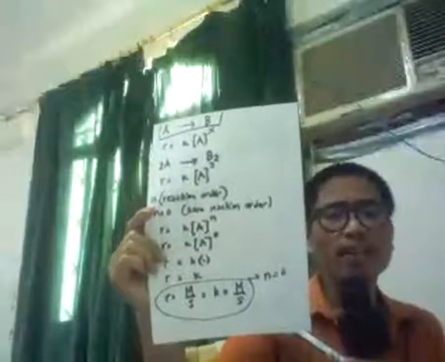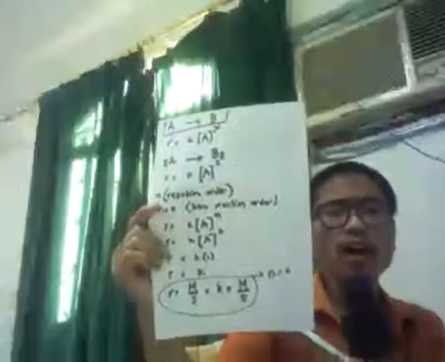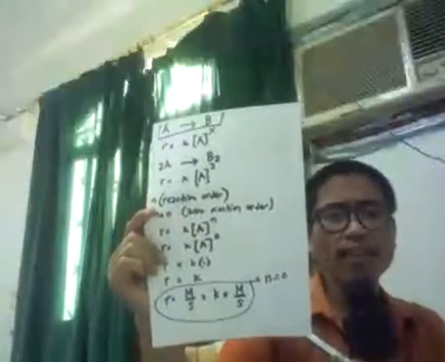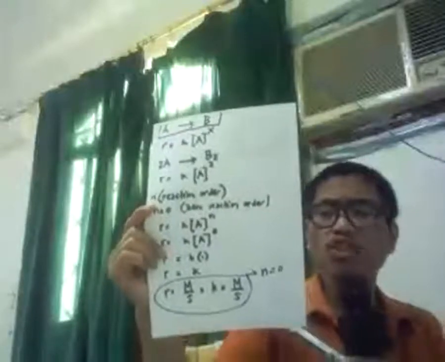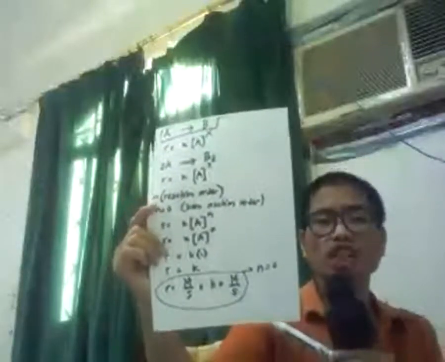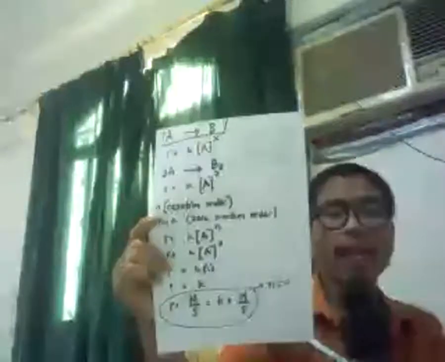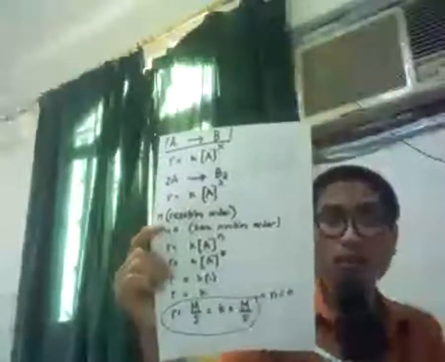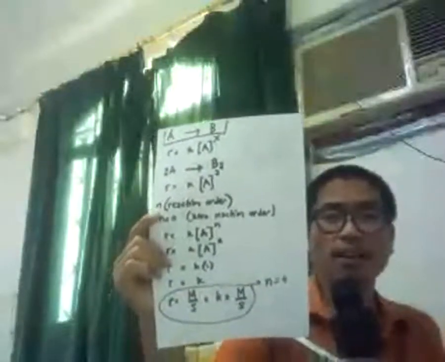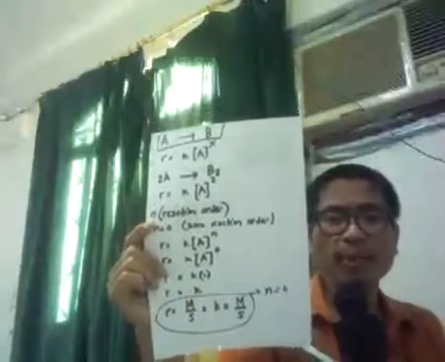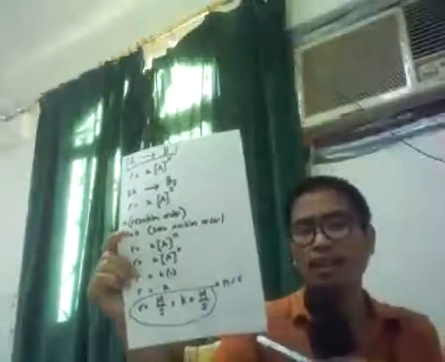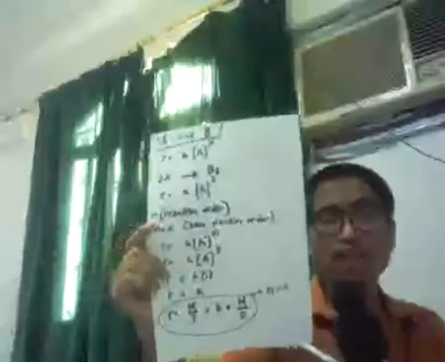In chemical reaction kinetics, the common unit is molarity per second. Or this is generally concentration over time. Because rate always has time in the denominator. So concentration over time, the unit of concentration is molarity, and the unit of time is second.